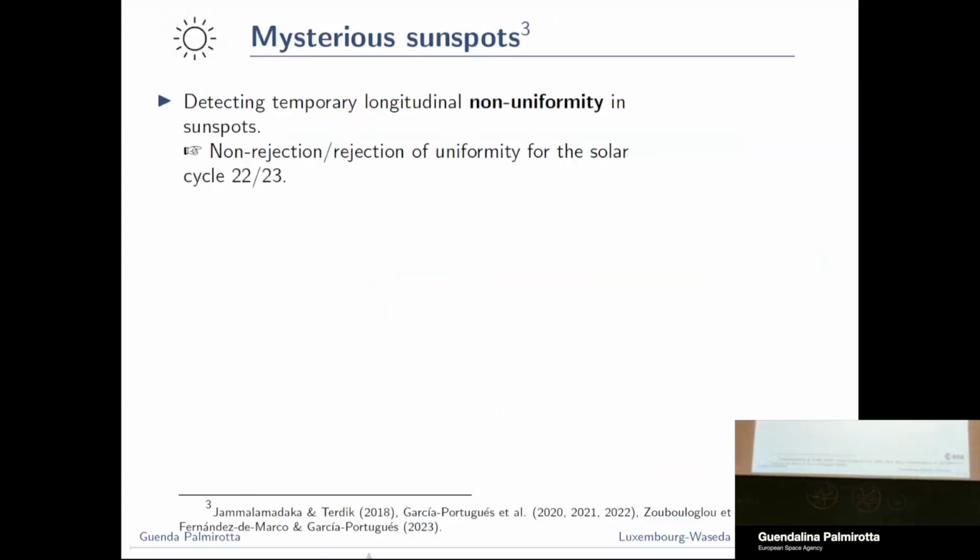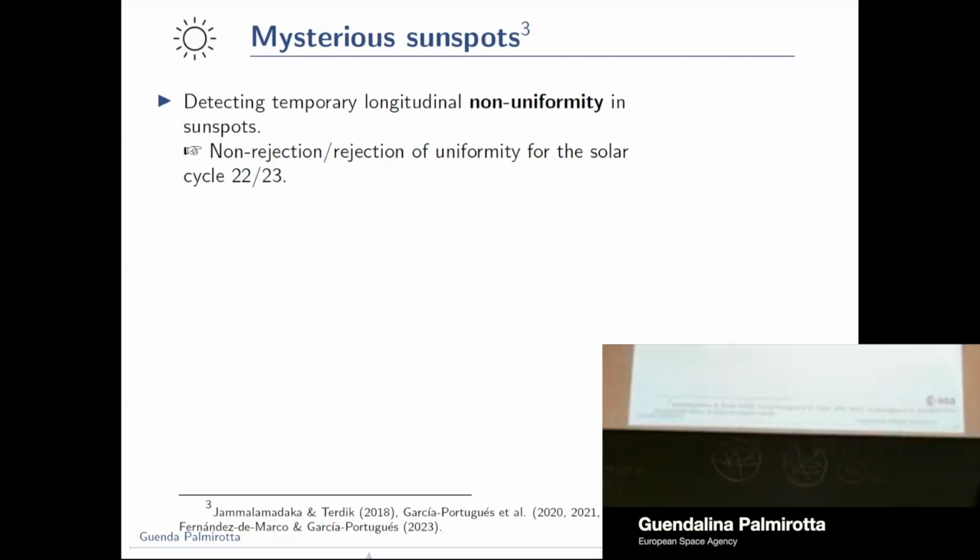Another example, which is very important: we're at ESA. I'm working on this study because I am in the Space Weather Office. So we're analyzing our sun. And our sun has sunspots that are appearing on the sun's surface.